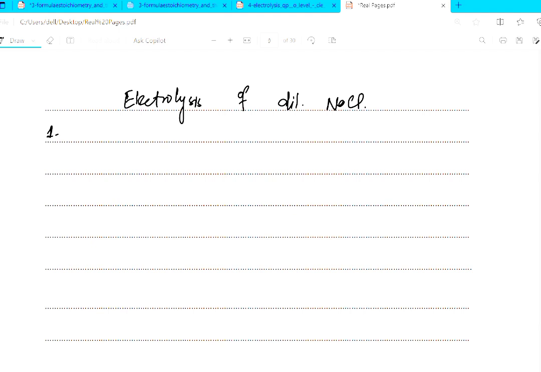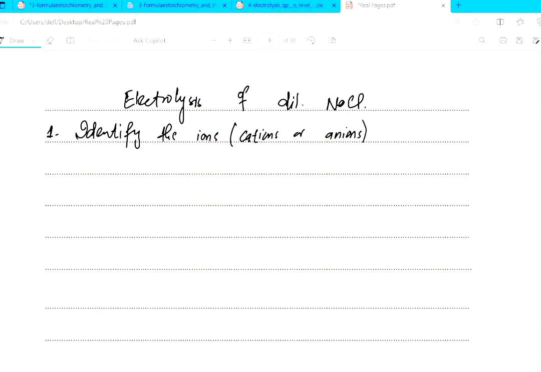First step is to select, or you can say identify, the ions, whether those are cations or anions. You have to identify them. For example, in case of dilute NaCl, you have to identify NaCl aqueous.